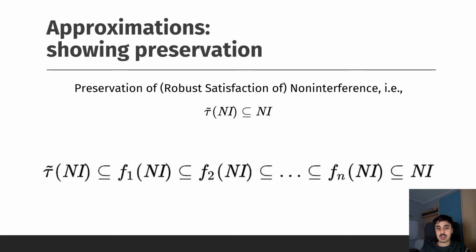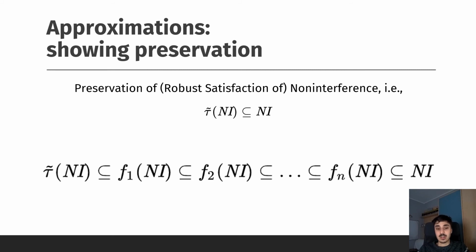For that, we can successively over-approximate tau tilde with a family of mappings, as you can see here, F1, F2, Fn, until it becomes easy to show, or actually maybe trivial, that the over-approximation is included in non-interference.